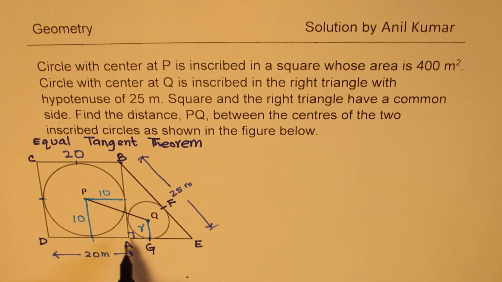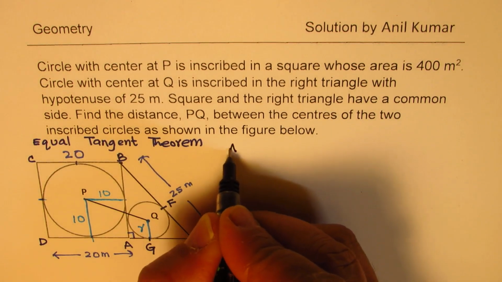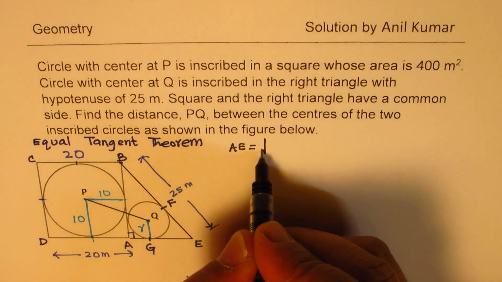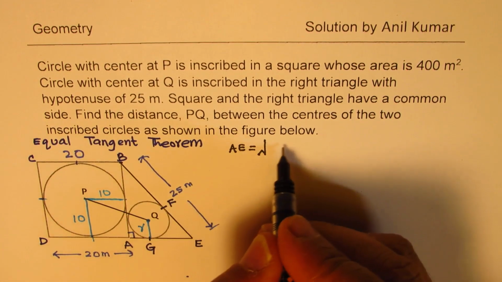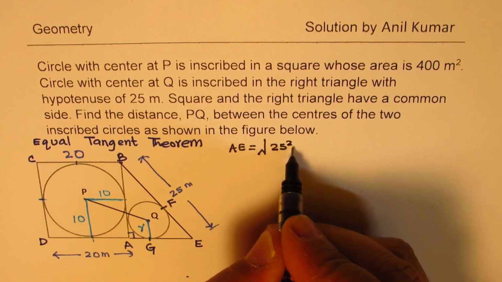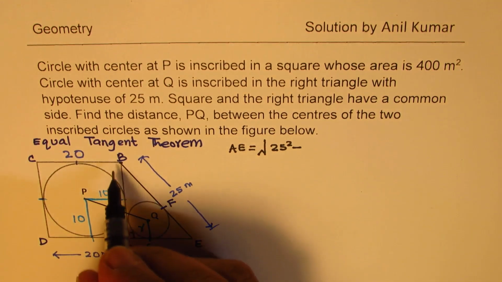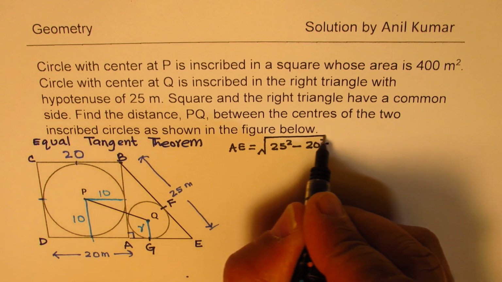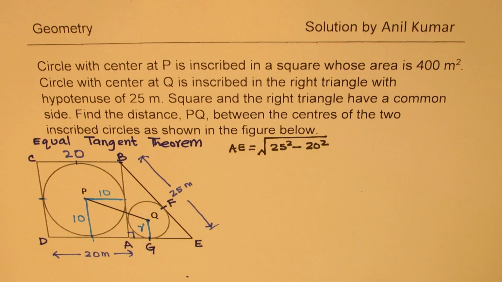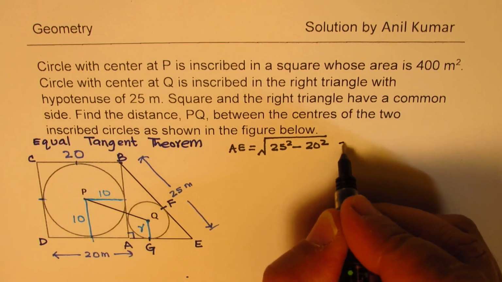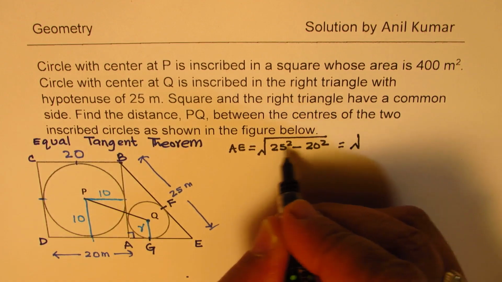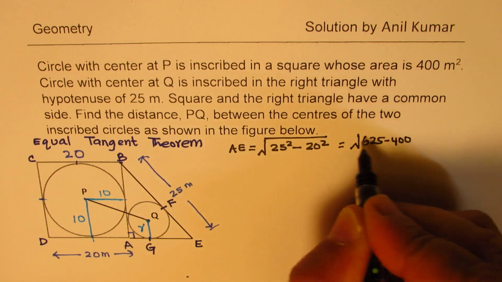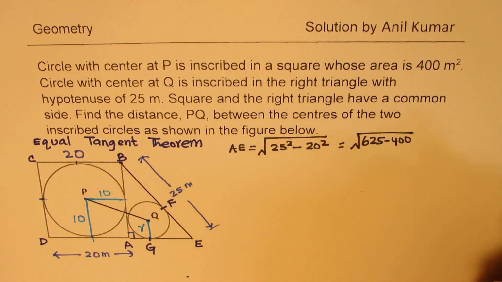So AE using the Pythagorean theorem, we know AE is basically equal to the square root of this square, which is 25 square, minus AB square, which is 20 square, correct? So we can get what AE is. Okay, so that is the square root of 625 minus 400, correct?